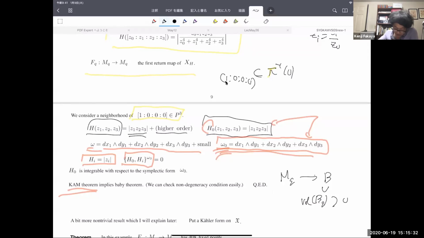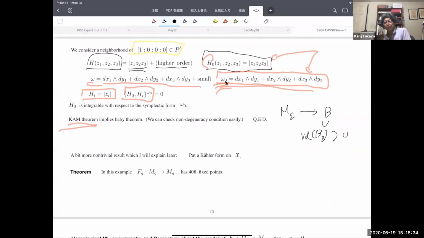But since this is too easy, I want to mention one theorem which I want to explain maybe later on. In this particular example of this pencil of quartic surfaces, this symplectic diffeomorphism has 408 fixed points. And this seems to be optimal. And if you look at this Betti number, MQ is a K3 surface, so its Betti number is 24.